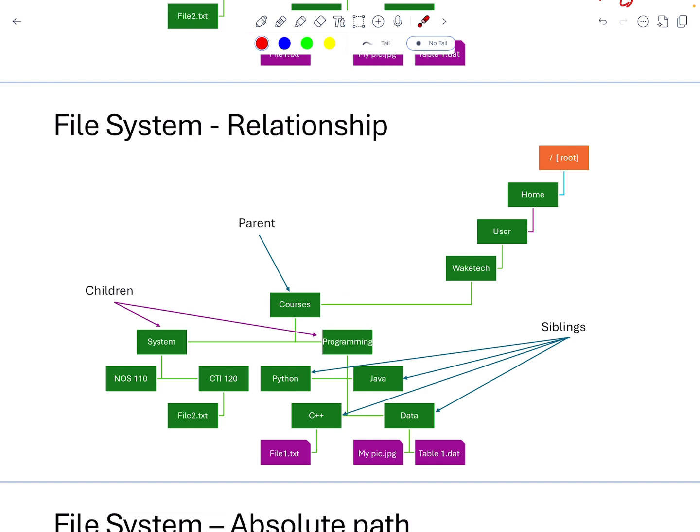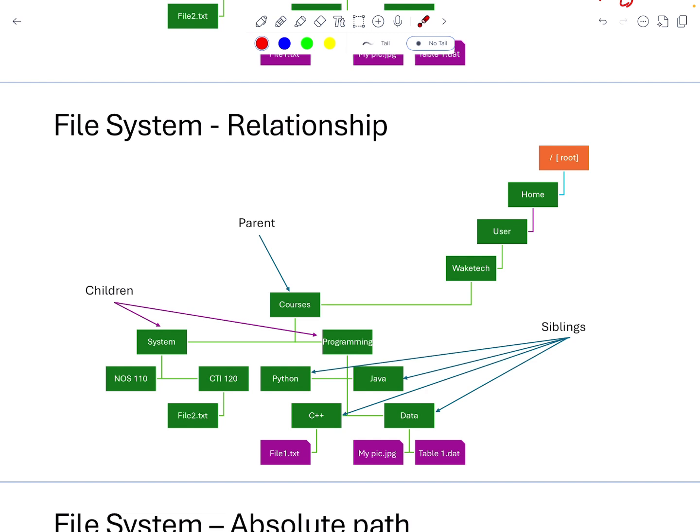In this case, courses has multiple children. One of the children is system, the other child is programming, right? So there is a parent-child relationship in the hierarchical structure.